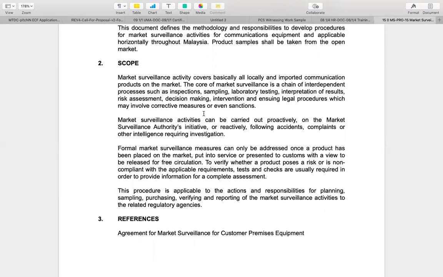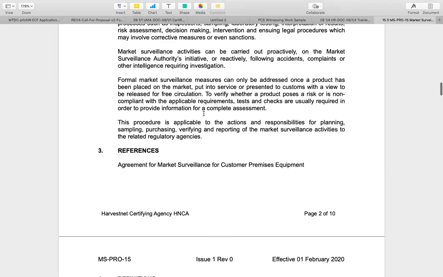So we need to verify whether the product poses a risk or not, or whether there is any non-compliance, right? So this procedure will require planning, sampling, purchasing, verifying and reporting.